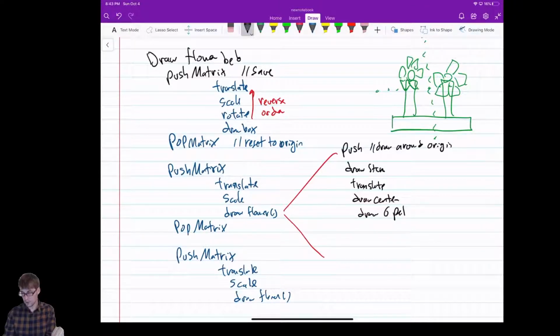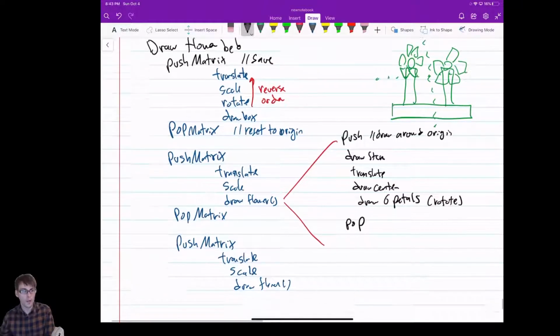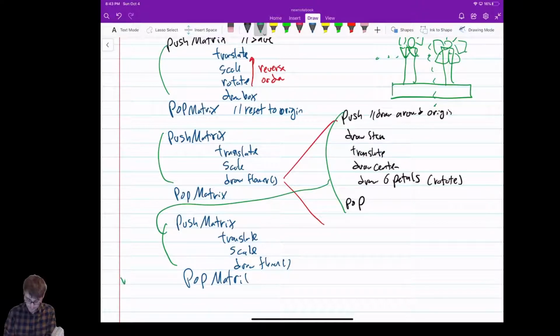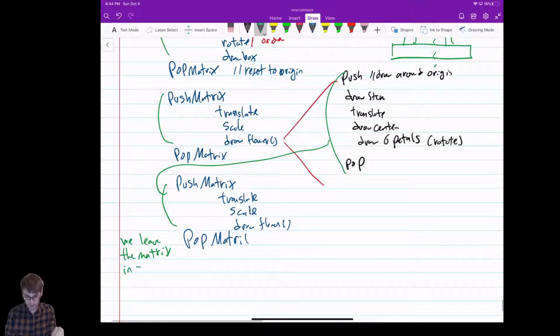Draw 6 petals with a for loop, for example. We do all of that with rotates in there, and we just pop the matrix when we're done. Pop, bam, we're back. The people who call us don't have to worry about what we did with the matrix. In all of these cases, oops, I made the mistake. Pop matrix. Right? In all of these cases, we leave the matrix in the state we found it.